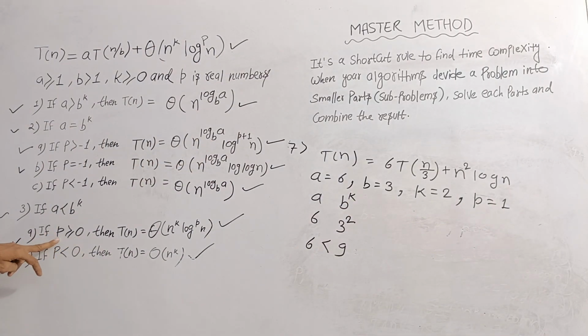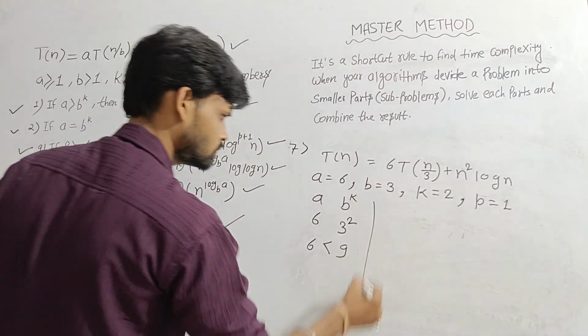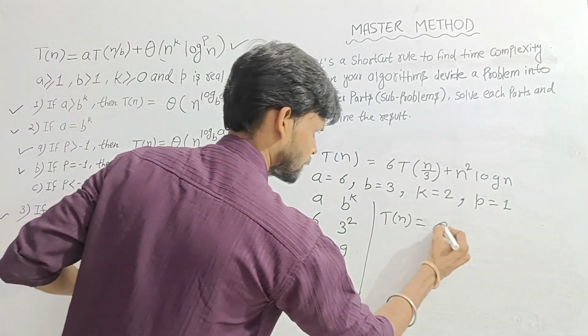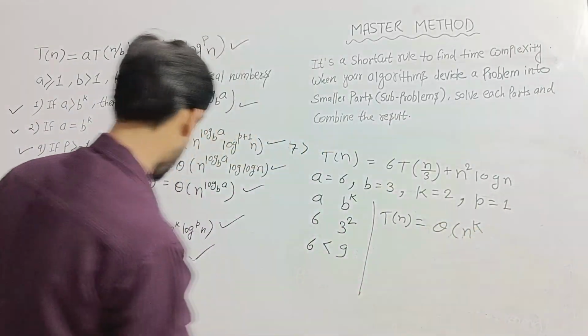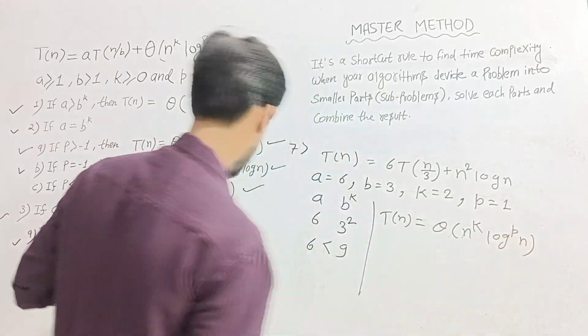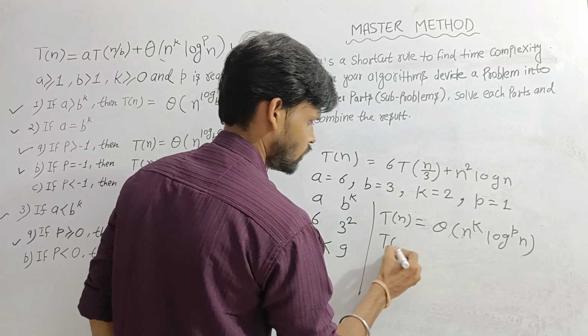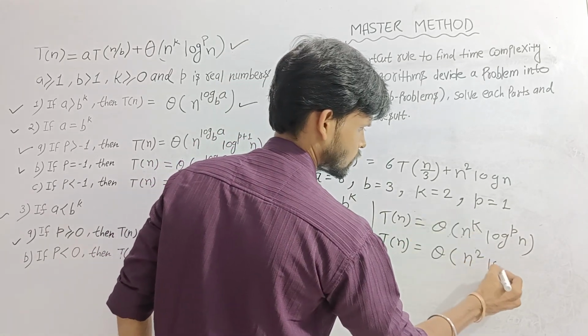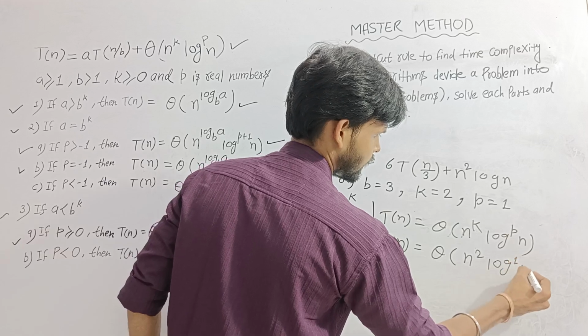So in this case we will take it like this: T(n) = theta of n^k log^p n. Clear? So T(n) = theta of n^k, that is n^2, log^p, that is log^1 n.